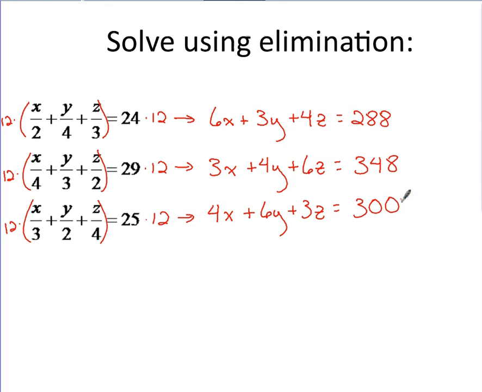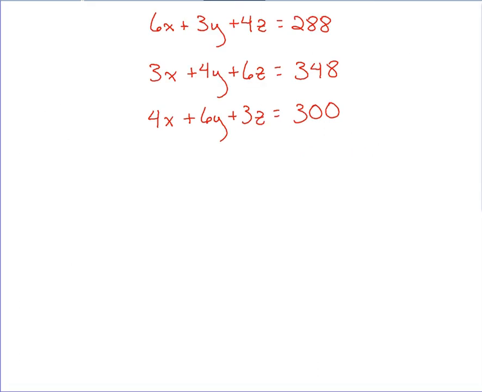And after adjusting the initial system, let's work off of this current system. Okay, let's use elimination to solve from here. If we want to use elimination, what we could do is select a couple of equations to play with at one time.